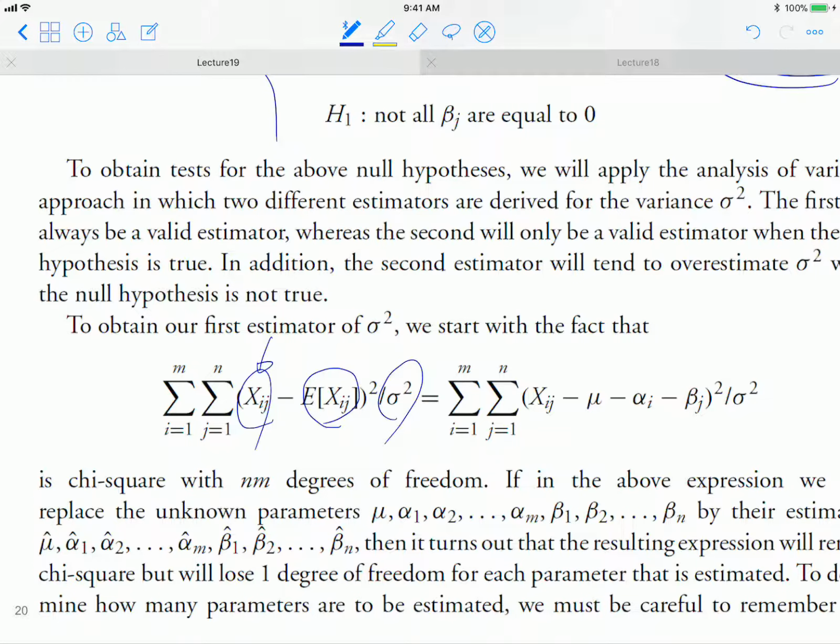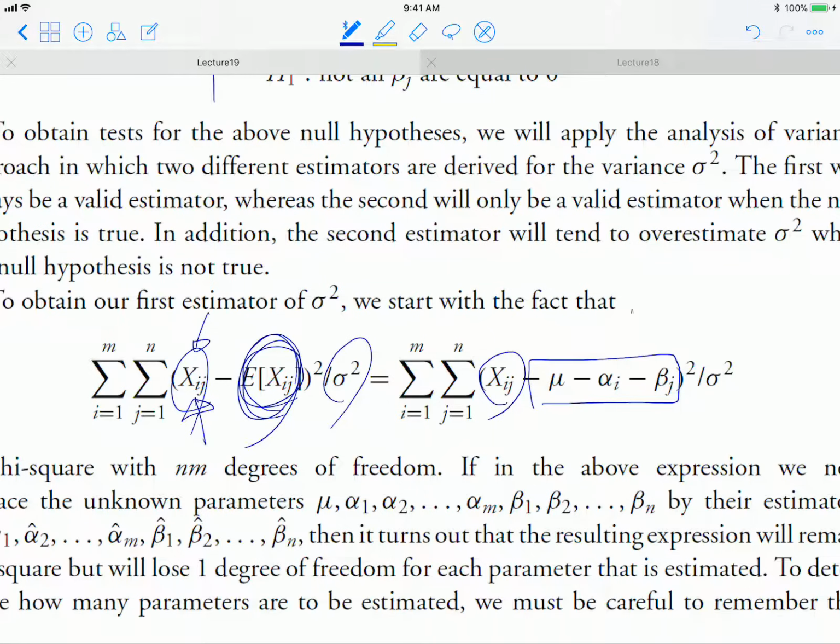What is the mean value of this? We have to use the true mean value in the first place, and the true mean value is represented in this form: mu plus alpha i plus beta j.